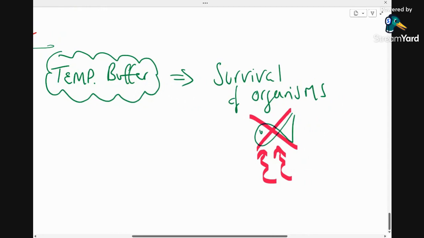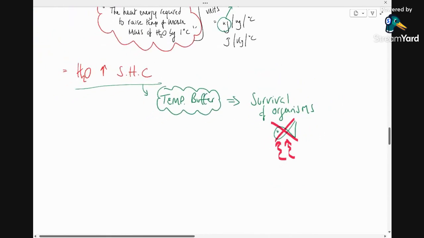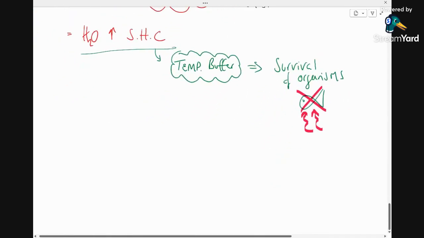And that links to enzyme activity and things from GCSE, but don't worry too much. Key thing, it's a temperature buffer, which means that it resists small fluctuations in temperature, which means that organisms can survive because the temperature in their environment remains at a fairly set level. So protein enzymes don't denature and all of that stuff.